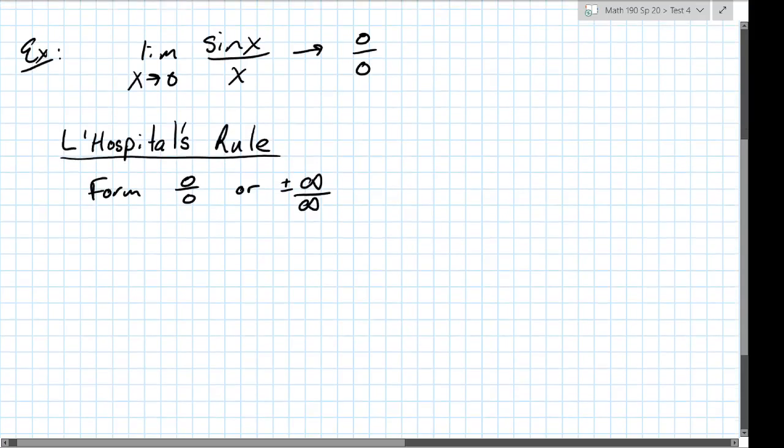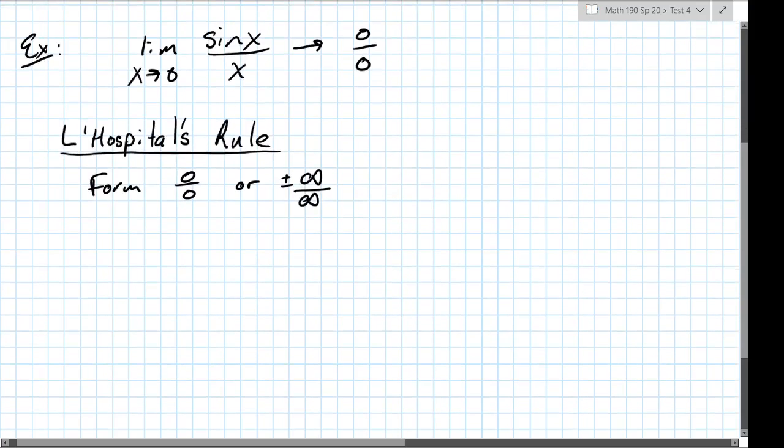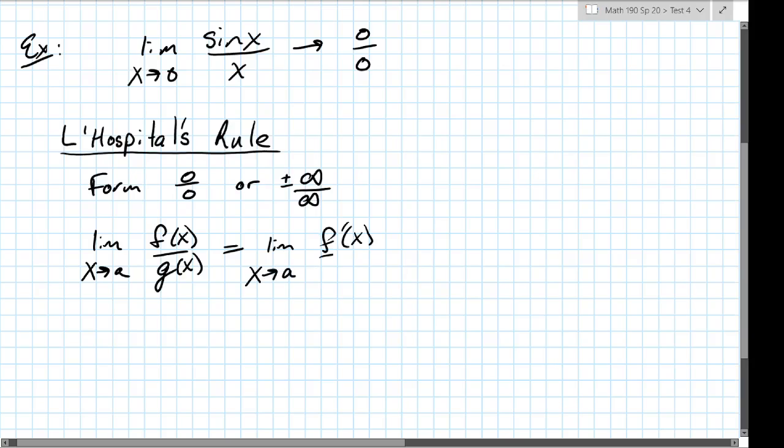When we have these types of limits and we have differentiable functions f and g, then the limit of f of x over g of x as x approaches a is equal to the limit of f prime of x over g prime of x as x approaches a, only when the limit is in 0 over 0 or infinity over infinity form.